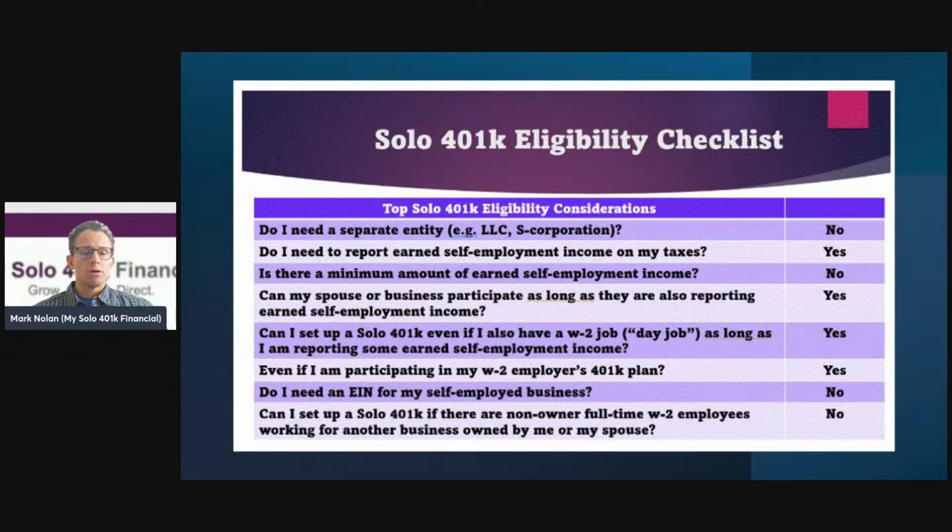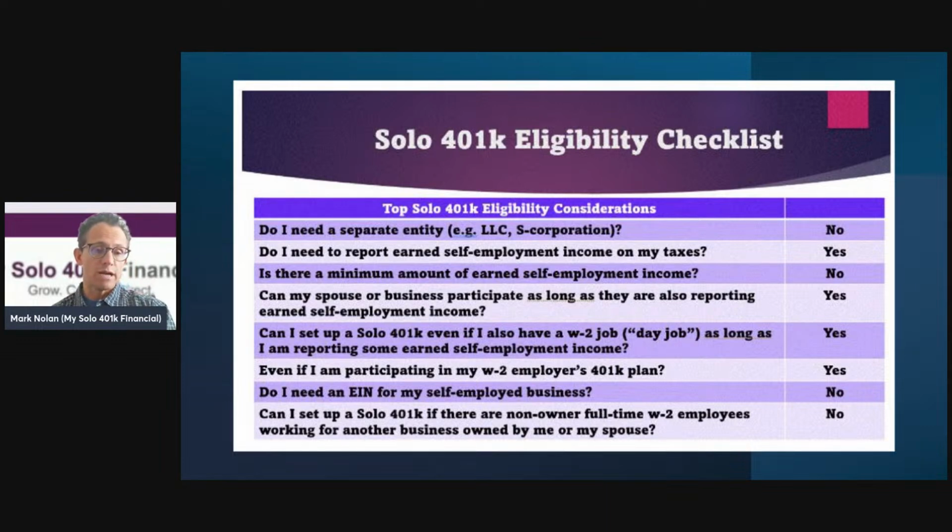job. Also, you can utilize the Mega Backdoor Roth self-directed 401k by making the overall contribution limit of $70,000 for 2025, for example, irrespective of you contributing to your daytime job employer 401k, which means that if you maximize your daytime employer 401k contributions, you're still going to be able to maximize your voluntary after-tax contributions to the self-directed 401k and then convert it to the self-directed Roth 401k or a Roth IRA as part of the Mega Backdoor.